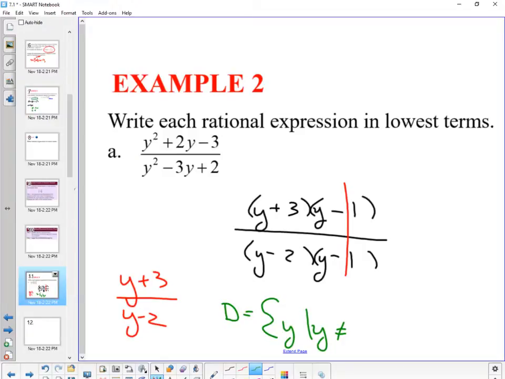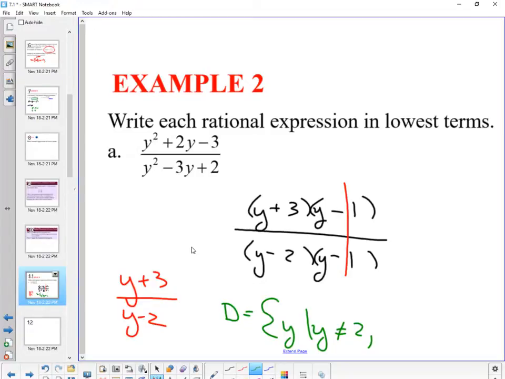The denominator becoming 0, right? So what can Y not be? 2, and what else? No, that's okay. I can have 0 up there. Negative 3 plus 3 is 0, and 0 over something is still just 0. That's not undefined.